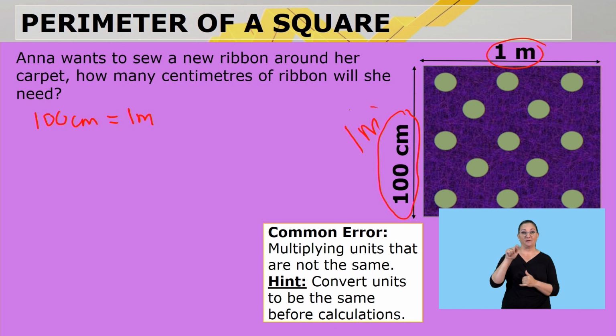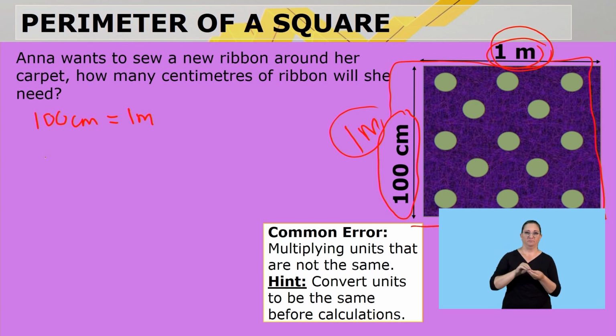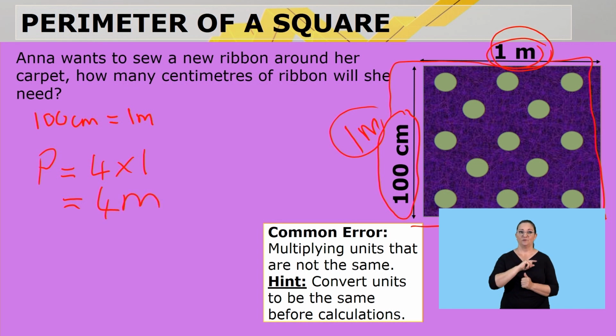It's going to be a meter going there plus another meter, going past that side a meter, and here. So it's going to be, my perimeter is going to be 4 times 1. So then your answer will be 4 meters. She will need 4 meters of a ribbon.